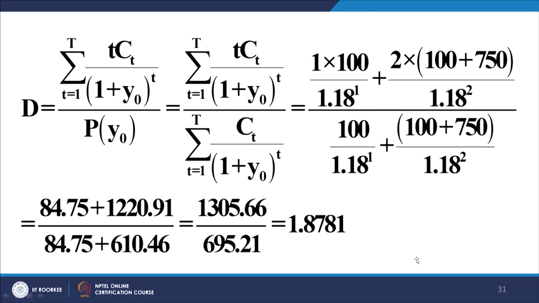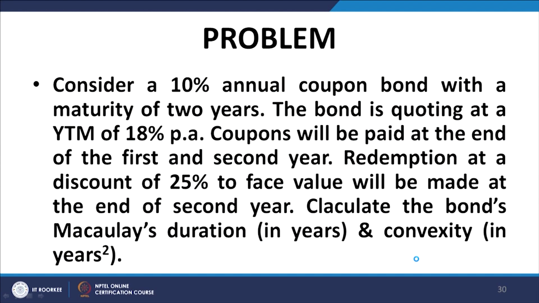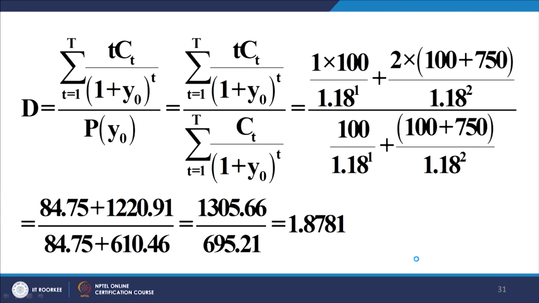So, 1 into 100. The formula for the duration is given on the left hand side: summation of t C_t divided by (1 plus y0) to the power t, divided by P y0. Now, y0 here is given at 18%. You can see in this problem, YTM is 18%, coupon rate is 10%. So, we have 1 into 100, assuming a face value of 1000, and 2 into 100 plus the redemption value, which is 75% of the face value.